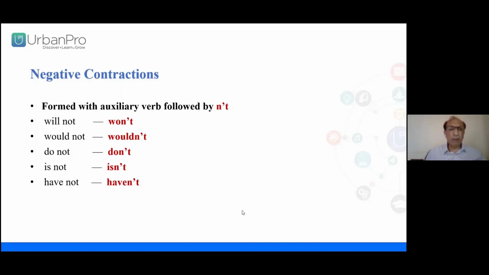So let's look at a few of the negative contractions. The first one is a little bit of an odd one out because will not is pronounced as won't. It's not willn't. However, the pronunciation of other negative contractions is pretty straightforward.